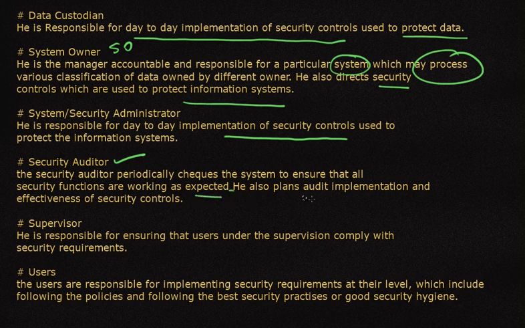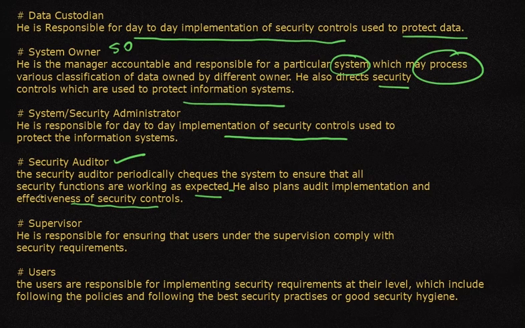He also plans audits of implementation and effectiveness of security controls. Basically, the auditor's role is to check whether the security controls are properly implemented, and if not, he highlights that in the report and presents it to the management.